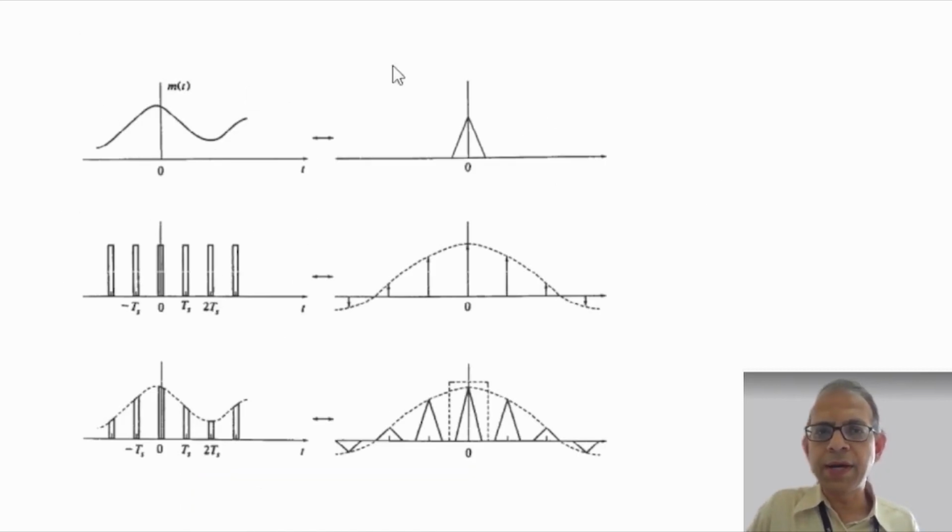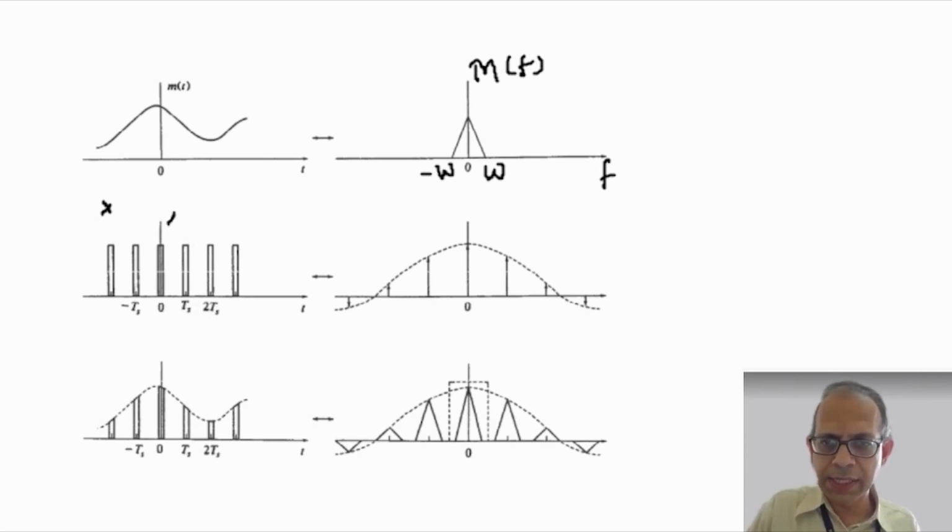So given a signal m(t), let us assume that it is a band limited signal with maximum frequency W. So this is M(f). When this m(t) is multiplied with the periodic pulse train, as we have just illustrated, we get the naturally sampled signal Ms(t).